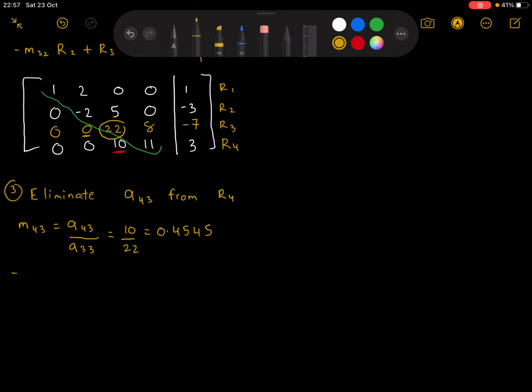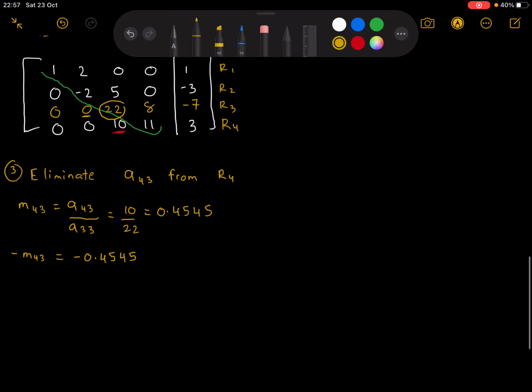Okay, next, negative M43. Why negative? Because the equation that we're going to use is negative M43 multiplied by the row itself, so it becomes negative 0.4545.